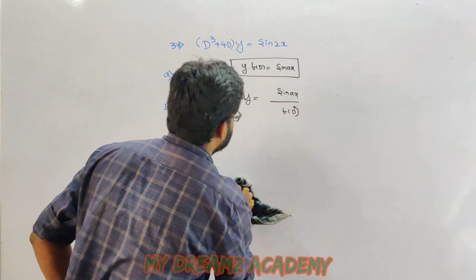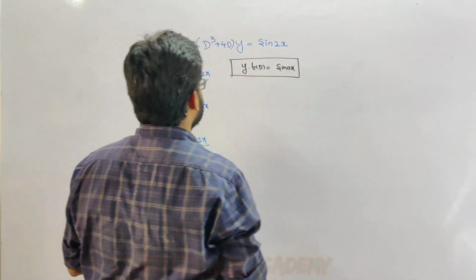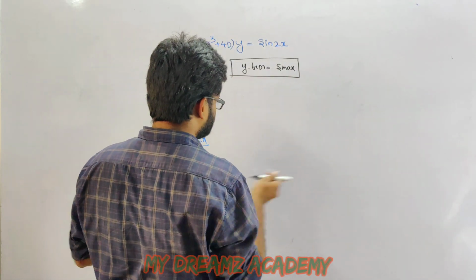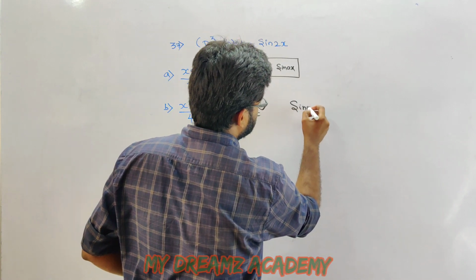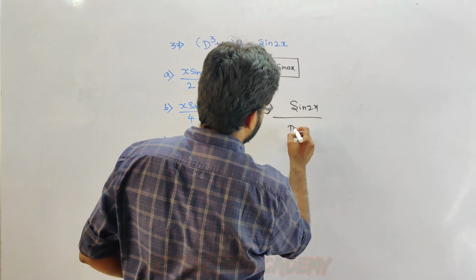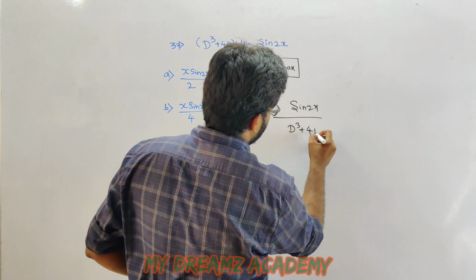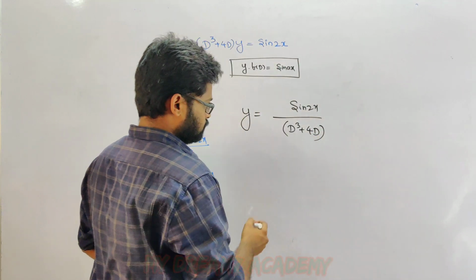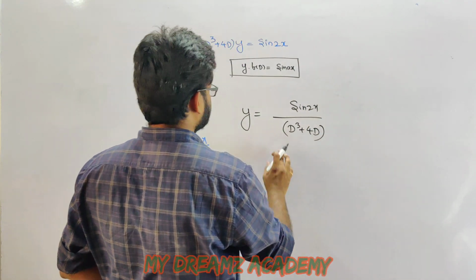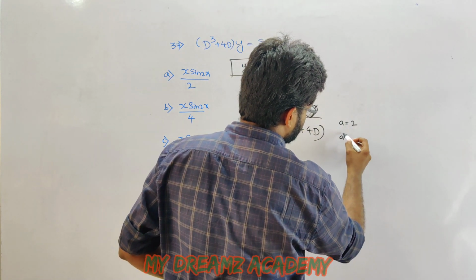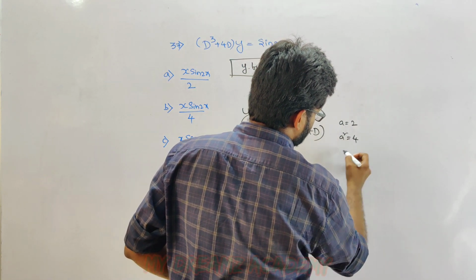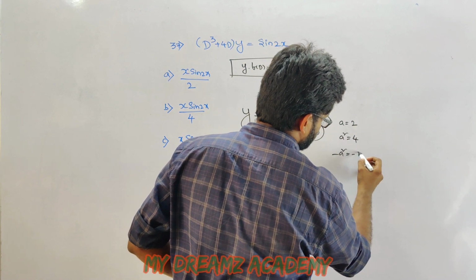Here the function is y is equals to sin 2x divided by d cube plus 4d. Here a value is equals to 2, a square value is equals to 4, minus a square is equals to minus 4.